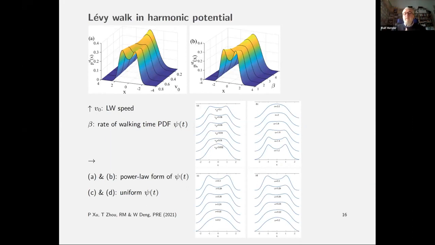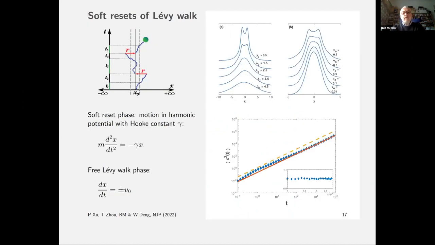So, for instance, you can still have a jump length distribution that is long-tailed, but every long jump is punished by a long time consumption. It has a finite speed, and still we can see multimodality in these processes, and they even occur in harmonic potentials in this case. And also we recently looked at what happens when we reset a Levy walker.